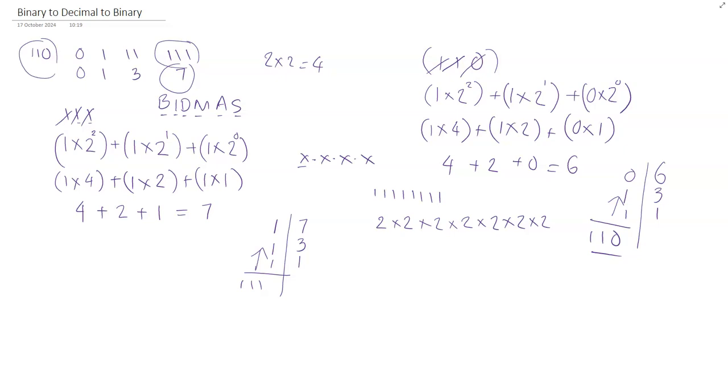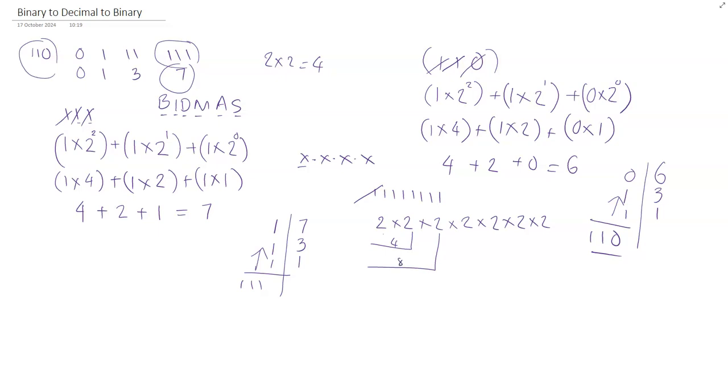But now, if we are using this formula, when you cross the first one, and you would write it in a bracket, 1 times 2 to the power of what? You would count the remaining digits. So we have 1, 2, 3, 4, 5, 6, 7. If I now use this formula, 2 times 2 gives me 4. And 2 times 2 times 2 gives me 8.